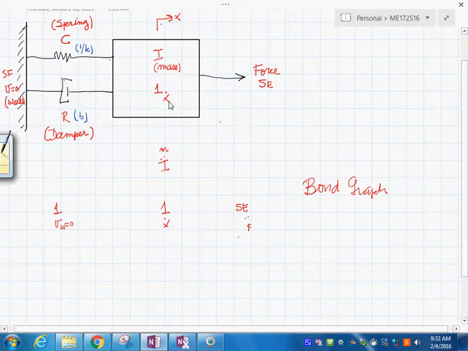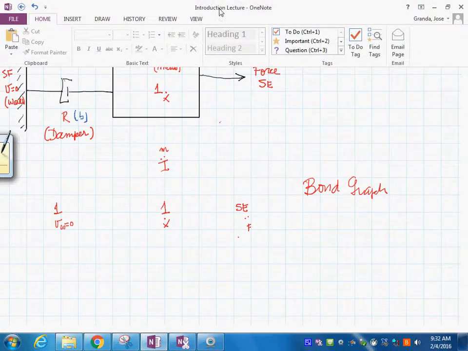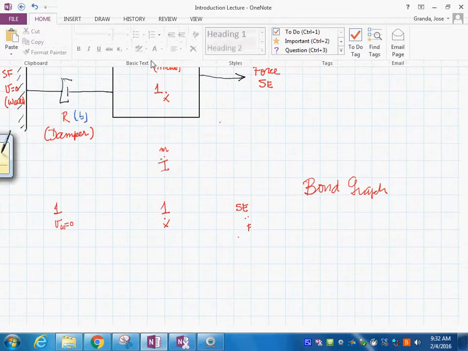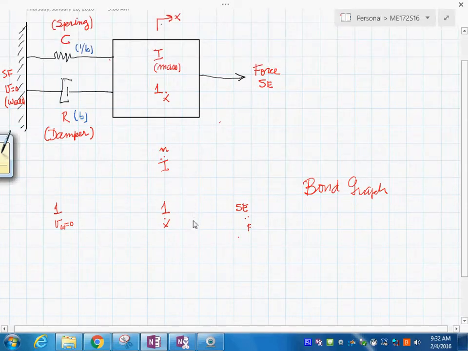And I would like to use a different color for the connection. Let me see. Use this one. So we connect the force with the mass.